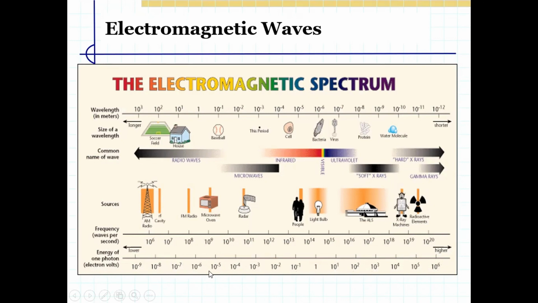And the microwave region is from 10 to the power minus 5 to 10 to the power minus 3. The infrared region is from 10 to the power minus 2 to 1 electron volt.